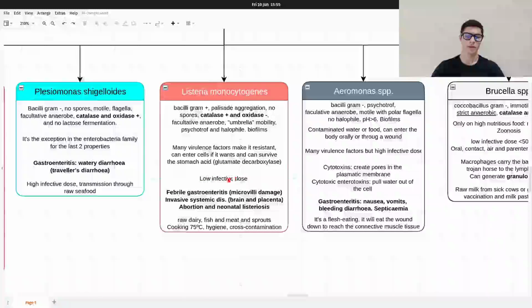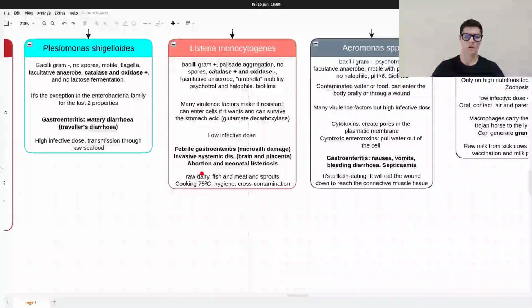Low infective dose, and it can cause febrile gastroenteritis, the microbial damage, and also invasive systemic diseases, because it likes to go to the brain and to the placenta, and even abortion and neonatal listeriosis. The invasive systemic disease is for immunosuppressed people, and the abortion and neonatal for pregnant women.